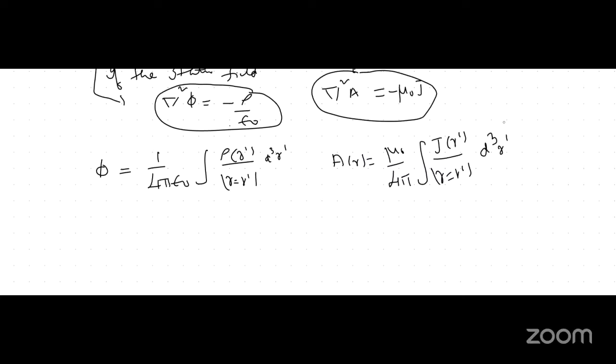The retarded time, which we take as TR, is nothing but the time taken by the wave to travel from one point to another, that is, from the source point to the field point. So if you take the source point as Q and the field point as P, it travels from Q to P, and that time is what we call the retarded time.